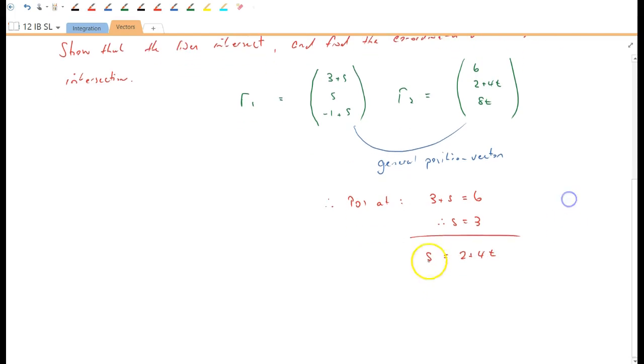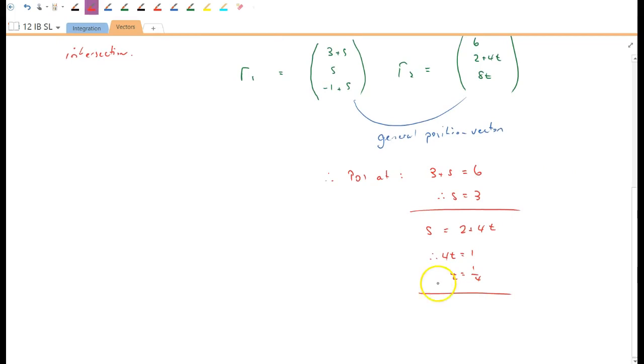Now, I've already found that s is equal to 3, so 4t is equal to 1 and t is equal to 1/4. And we can test that with the last equation, -1 plus s is equal to 8t. s is equal to 3, so that's 2, and 8 times 1/4 is 2, so that's all good.